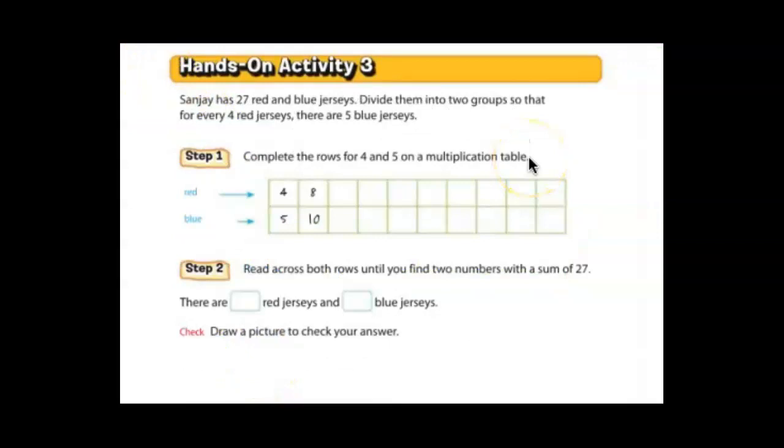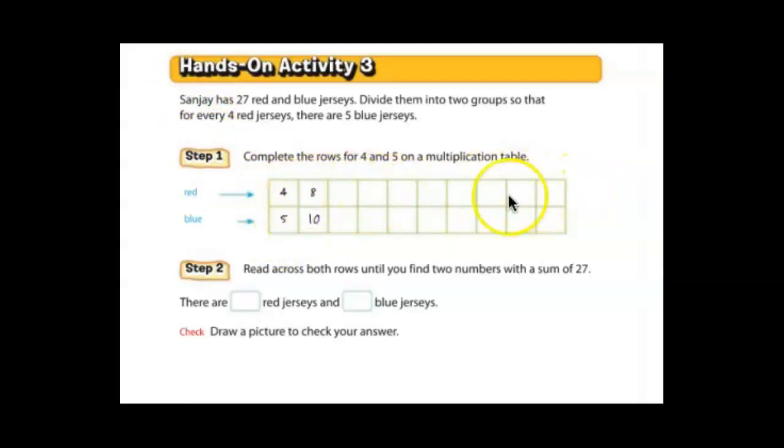In this last activity, Sanjay has 27 red and blue jerseys. Divide them into groups so that for every 4 red jerseys, there are 5 blue jerseys. So it tells us that the ratio we want to have is 4 red to 5 blue.